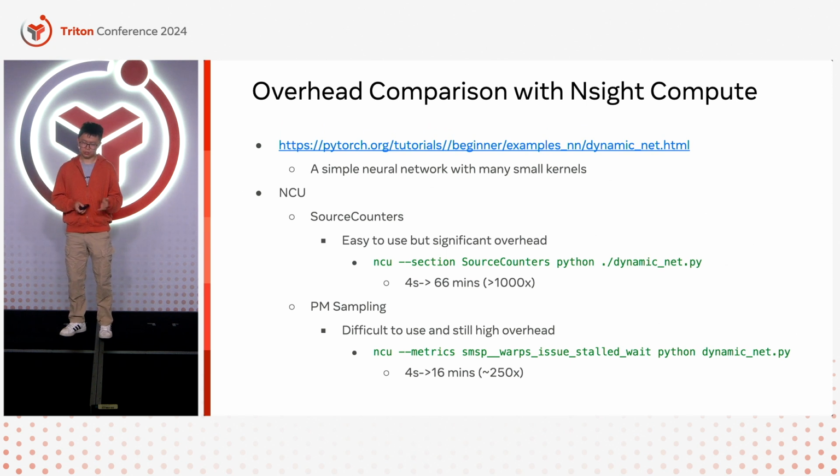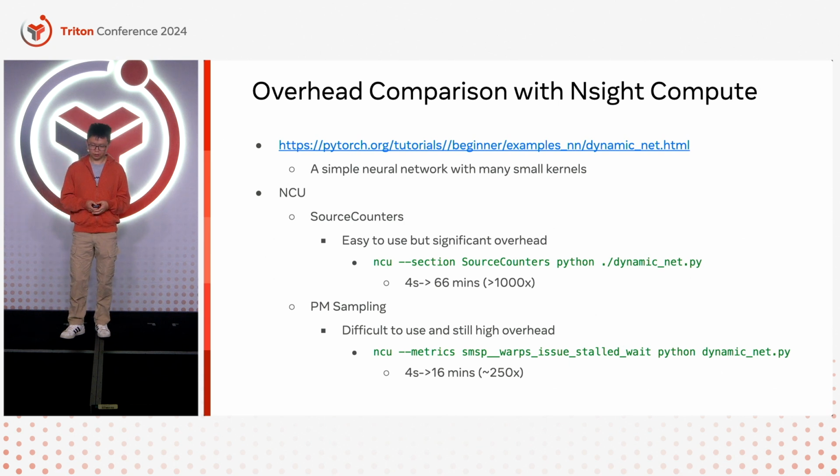You can also just sample metrics you're interested in. For example, if you are only interested in stall reasons, like warp issue stalled wait, then you can use the --metrics option to supply the exact metrics you want. But in this case, you need to supply every metric you are interested in. Remember that we have talked about how there are a lot of stall reasons.